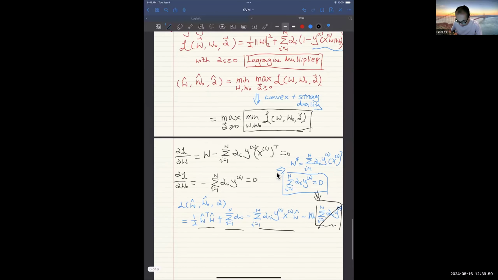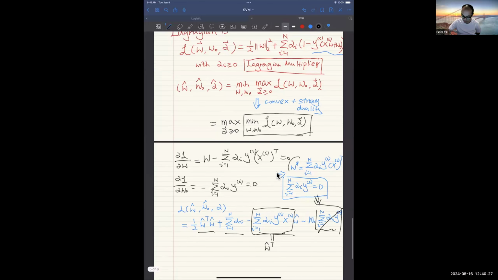And also, the most important part that we can see carefully here, if we factor out, so right here, this is nothing but W hat transpose, right?